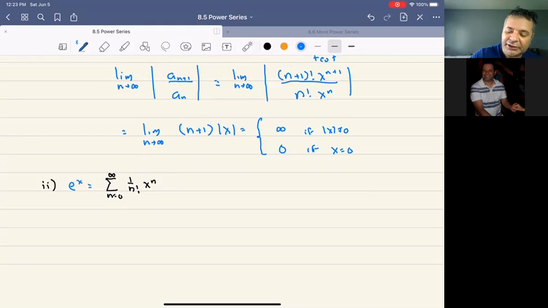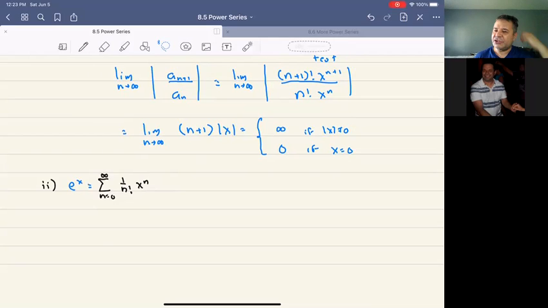This is actually a representation for the exponential e to the x. We haven't learned that yet, but we will learn that later on. So I just want to put that in your mind. Since it is a representation of something, that leads us to believe that this should converge everywhere.